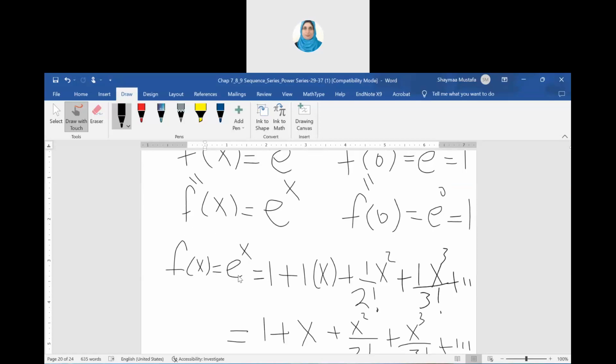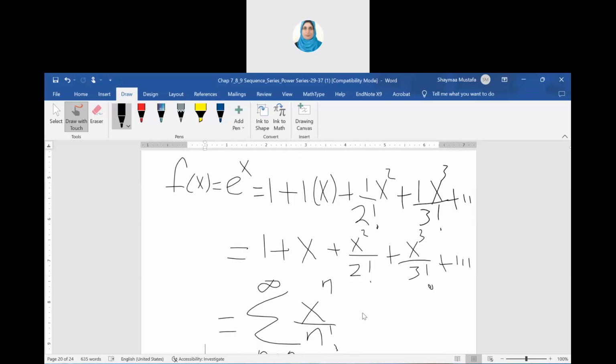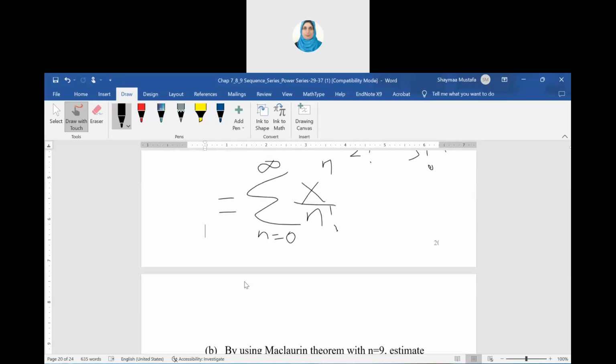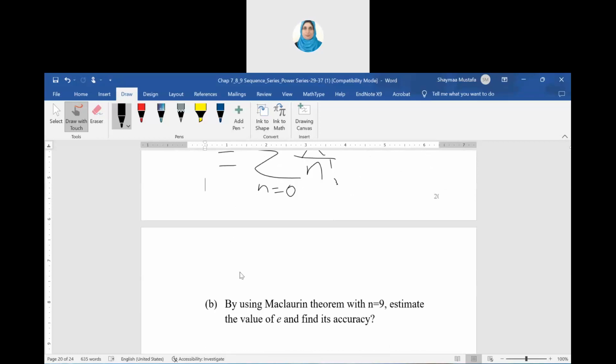So your Maclaurin series is the value of f at 0, plus the value of the derivative at 0 times x, plus the value of the second derivative at 0 times x squared over 2 factorial, plus the value of the third derivative at 0 over 3 factorial times x cubed, and so on. So this is the Maclaurin series. If anything is not clear, you can ask on the chat.